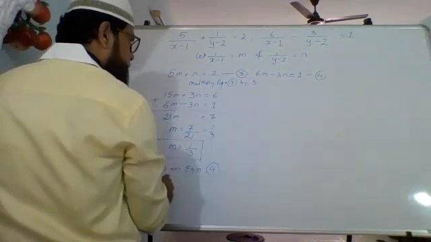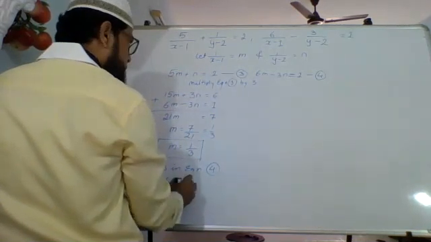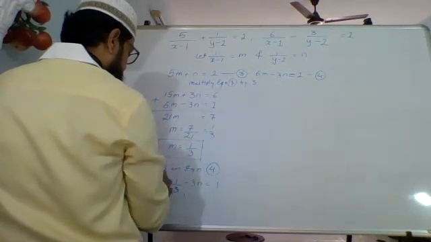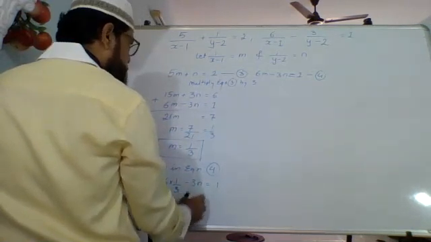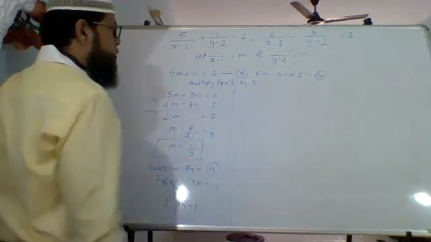When I substitute in equation 4, 6m, that is 6 into 1 upon 3, minus 3n equals 1. 3 ones are 3, 3 twos are 6. So 2 minus 3n equals 1. Shift this to this side.